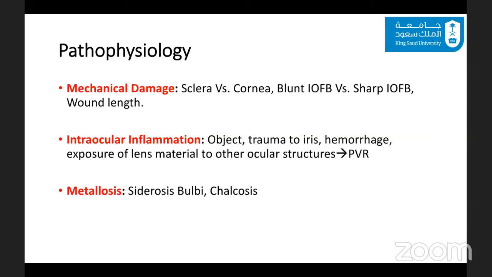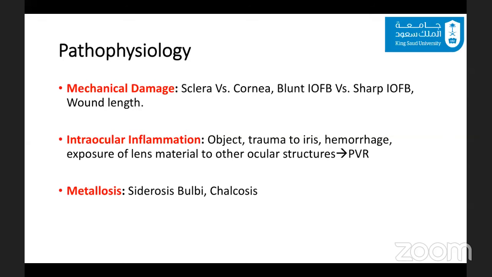Blunt foreign bodies usually travel a shorter distance inside the globe, but they damage the site of entry more than sharp objects, because sharp objects contain the energy and damage the site of impact more than blunt foreign bodies. The longer the wound, the worse the outcome. This is a well-known prognostic factor.